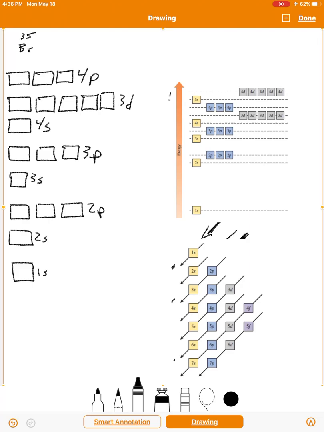I think that's enough right there. I don't know for a fact, but I'm pretty sure, just based on thinking about this. Bromine is in the 4th row, so it probably goes up to 4p. It's a non-metal. Okay, so 35.